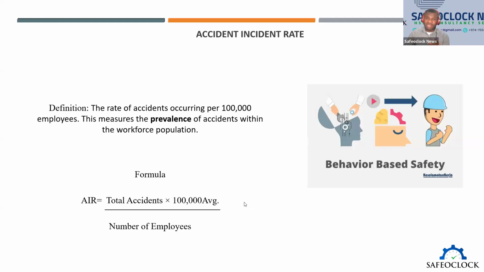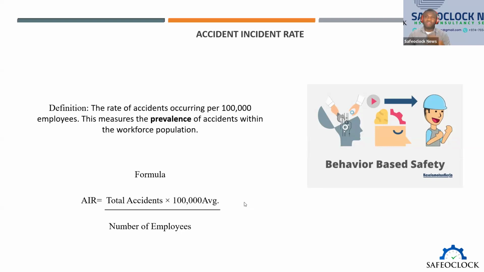Now, this 100,000 is the multiplying factor for UK. Remember, we said UK Health and Safety Executive's multiplying factor is 100,000, whereas for USA, OSHA, their multiplying factor is 200,000. So the formula we are using here is the UK multiplying factor.